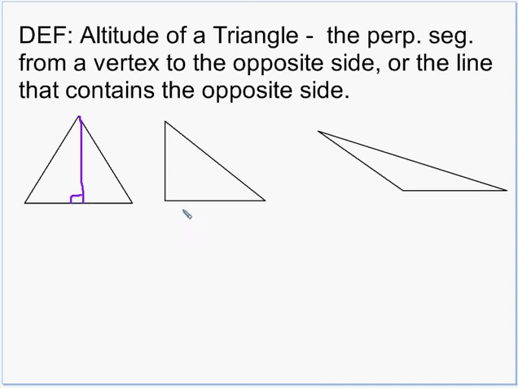If you have a right triangle, 2 of those altitudes are the legs of the triangle, and those 2 legs are the legs that form the 90-degree angle. We notice this point at that 90 degree angle is our point of concurrency of the 3 altitudes.